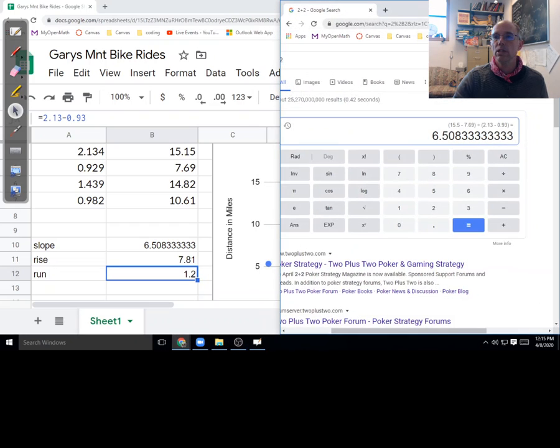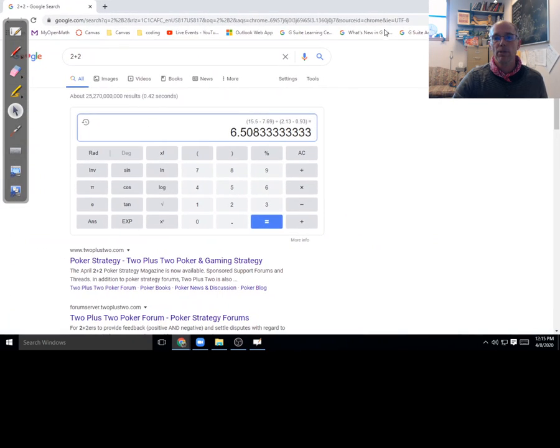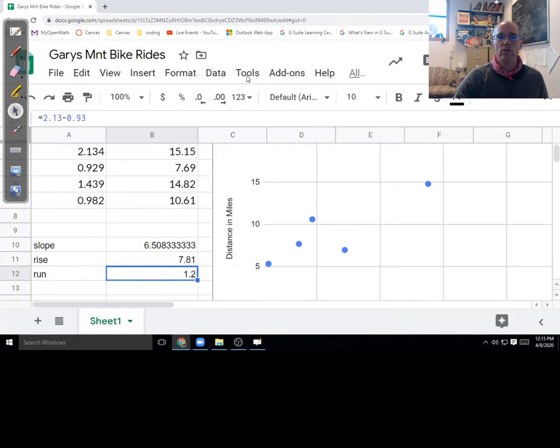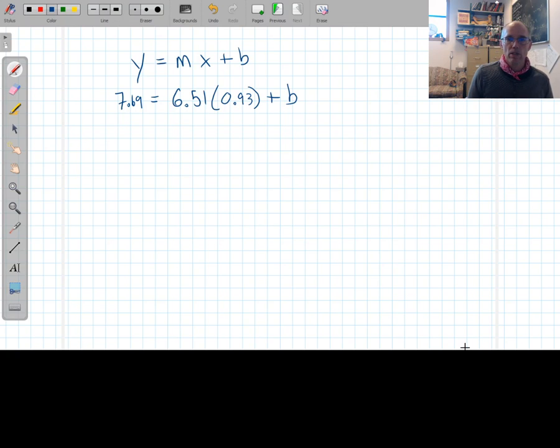OK, so I'm going to take my 6.51 rounded slope, multiply by my time of 0.93 hours, and that gives me 6.0543. So I write that in here. So this is 6.0543 plus b equals 7.69. Next thing we do is we subtract that over, and voila, we have b.